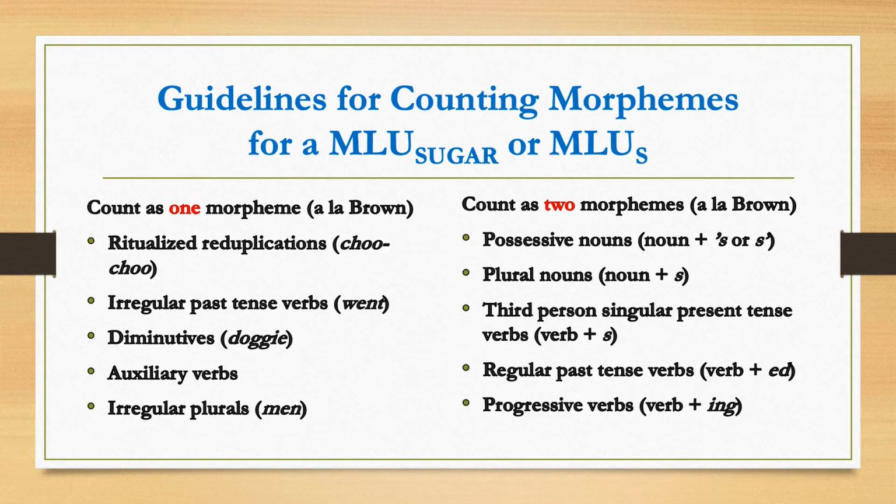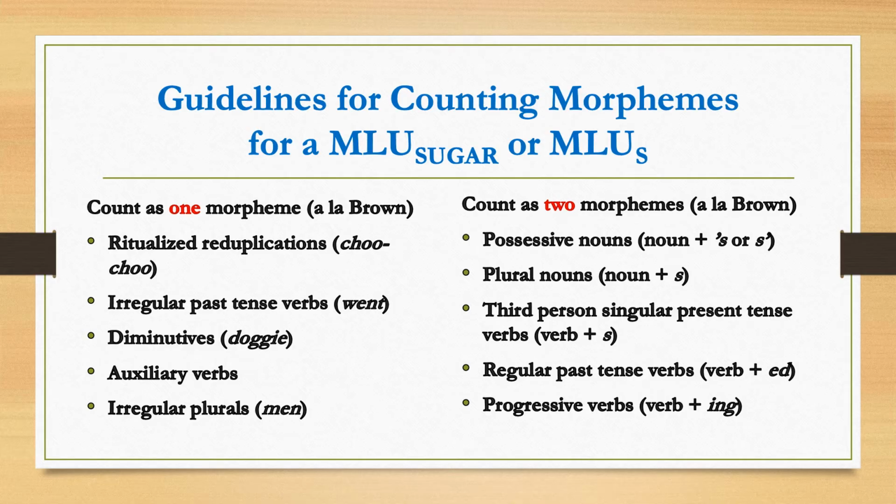Count as 1 morpheme all the items listed on the left. Most likely, these items are familiar to you. Unfortunately, if not, I don't have time to explain the rationale for each one here. We suggest that you consult Brown's book, First Language. Let's just say that Brown based his decision on the ways in which young children seem to learn and use these forms, and that we saw no good reason to change his decision.